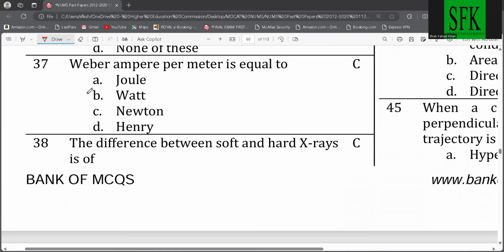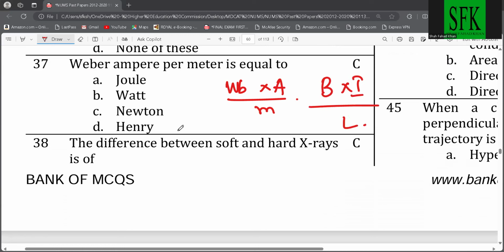Weber ampere meter per meter is equal to Weber ampere upon meter. Weber means B I L, is BIL, not Weber ampere per meter.